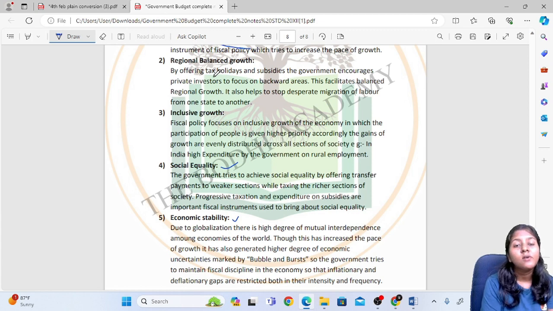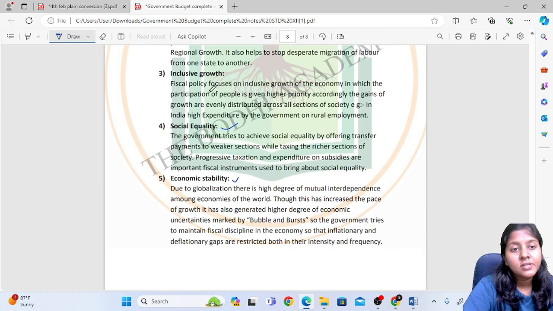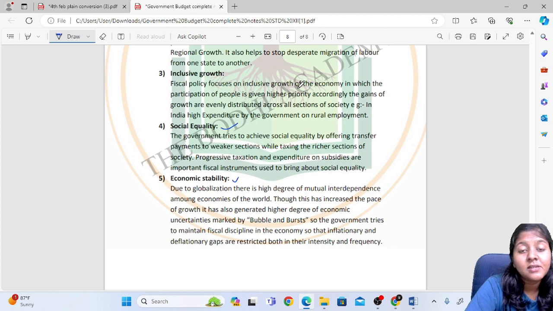So here, the government should encourage subsidies and focus more on the backward areas. Then inclusive growth: fiscal policy focuses on inclusive growth of the economy, in which the participation of people is given a higher priority. Accordingly, the gains of growth are evenly distributed across all sections of society.